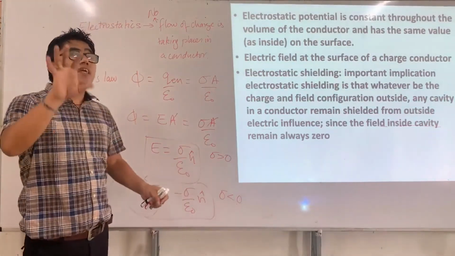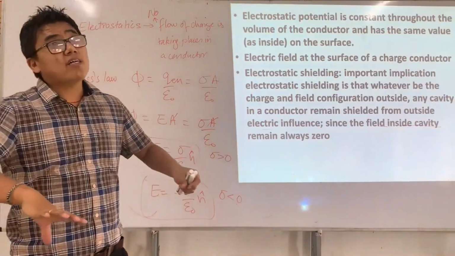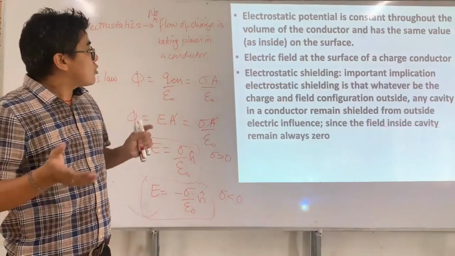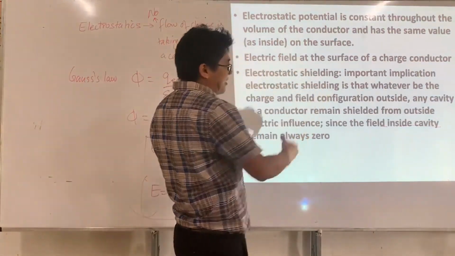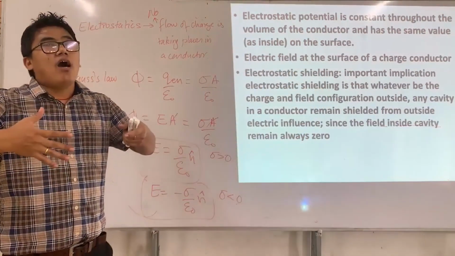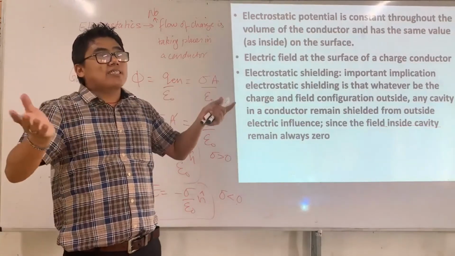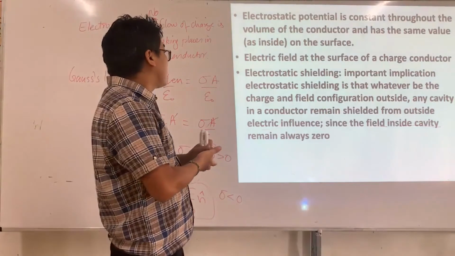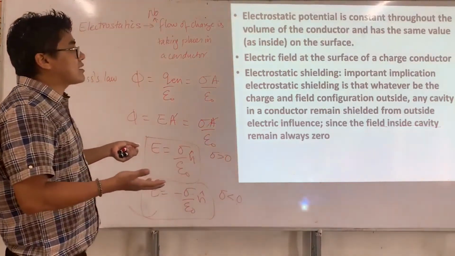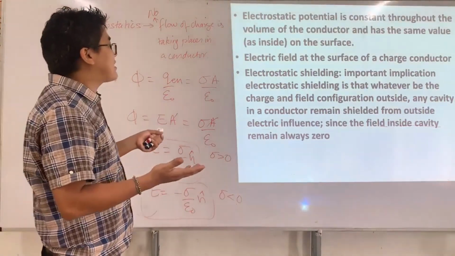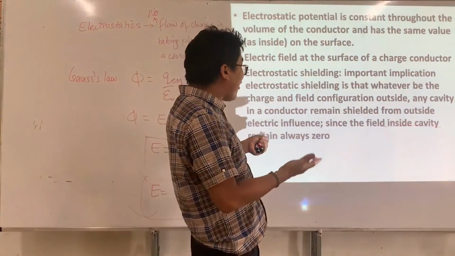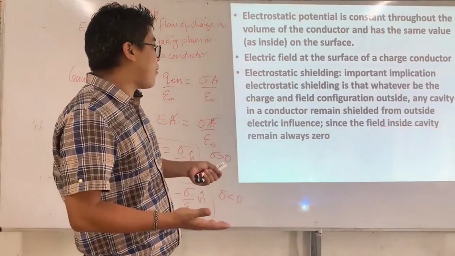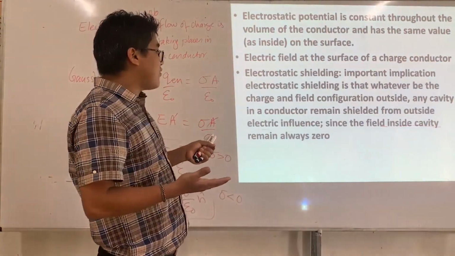Since the electric field inside is 0, no matter how strong the electric field is outside, it acts as a shield against the external electric field. Electrostatic shielding says that whatever be the charge and field configuration outside, any cavity in a conductor remains shielded from outside electric influence.